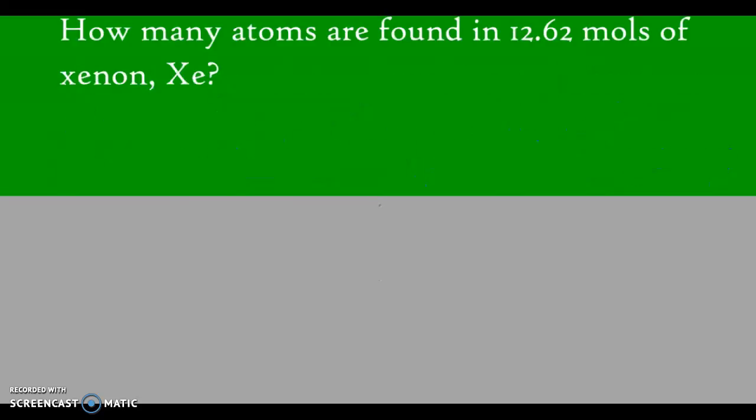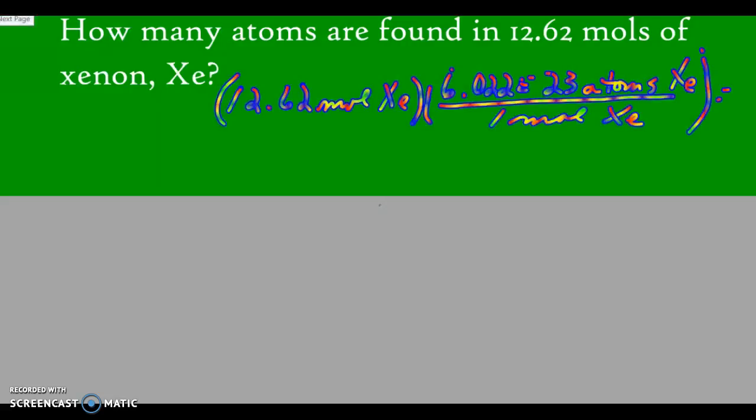How many atoms are found in 12.62 moles of xenon? Or as the Brits would say, xenon. Well, let's set it up. We have 12.62 moles of xenon. I've got Avogadro's number, 6.022 times 10 to the 23rd atoms of xenon over 1 mole of xenon. Moles of xenon cancel.